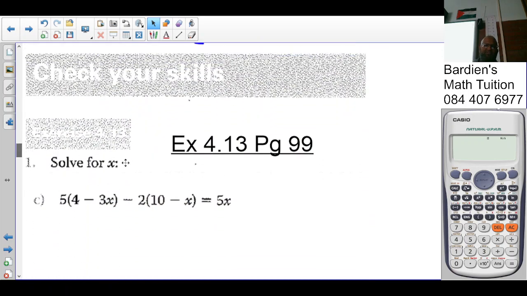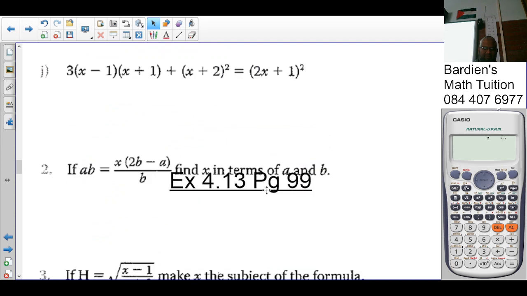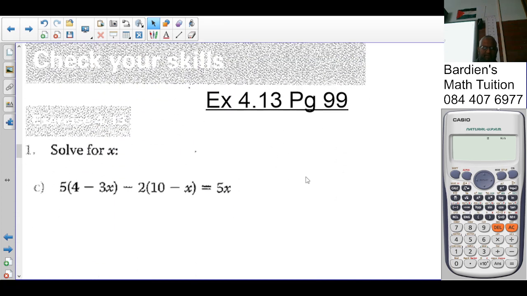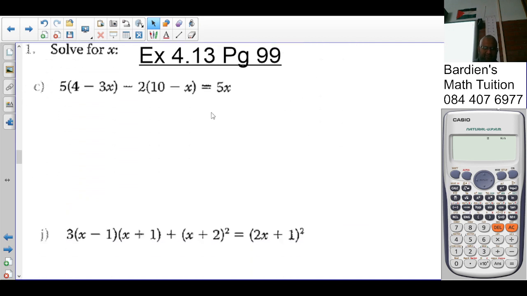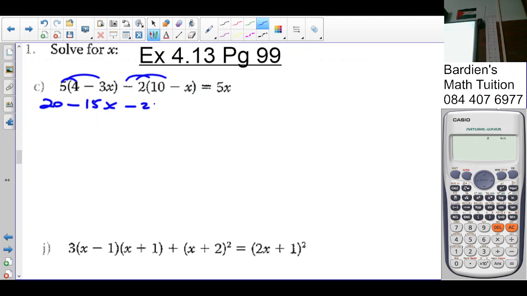Right. Check your skills. Here we go. The question says solve for x. Right, what do we do first? Get rid of our brackets. Distributive law. So it's 20 minus 15x minus 20 plus 2x is equal to 5.